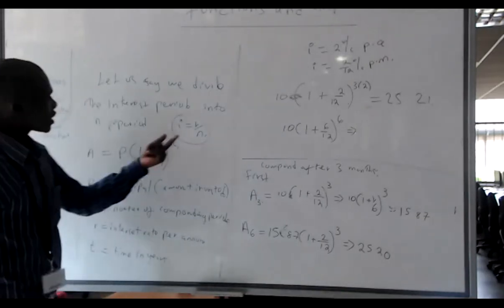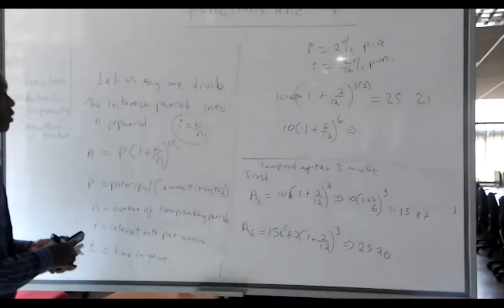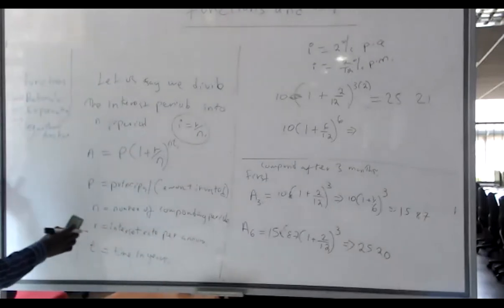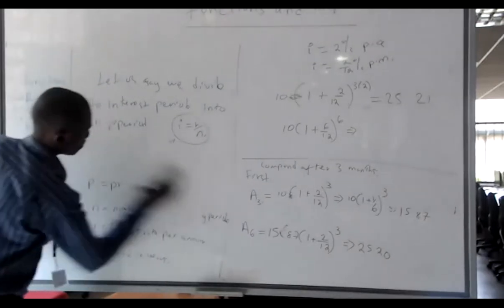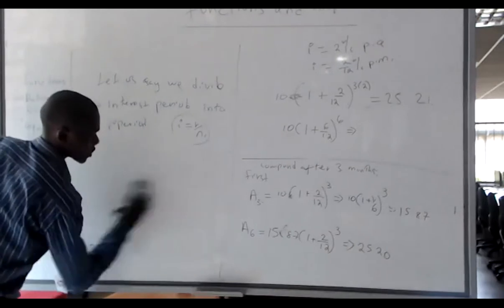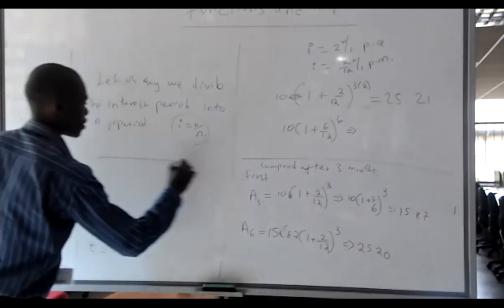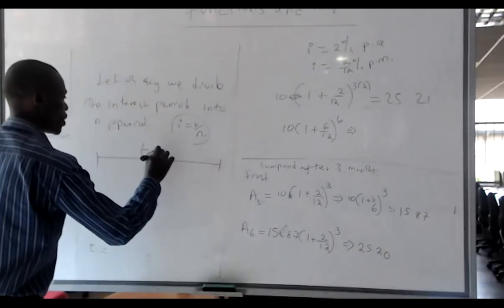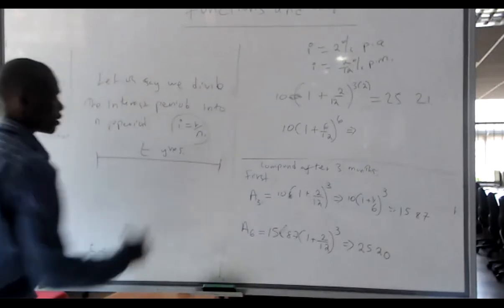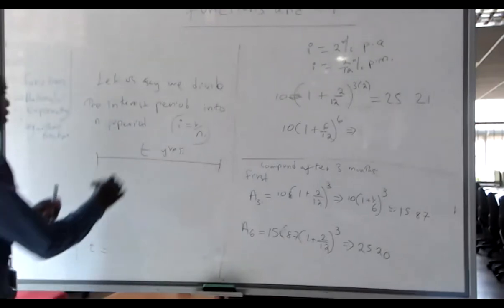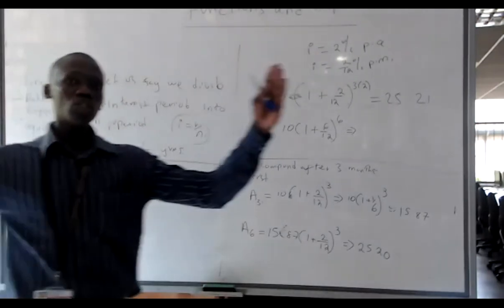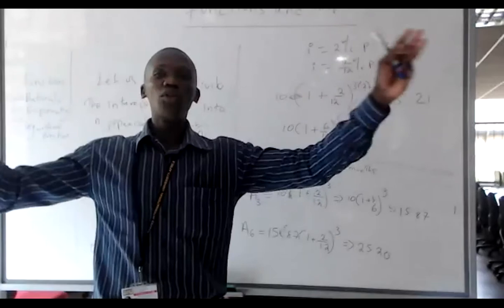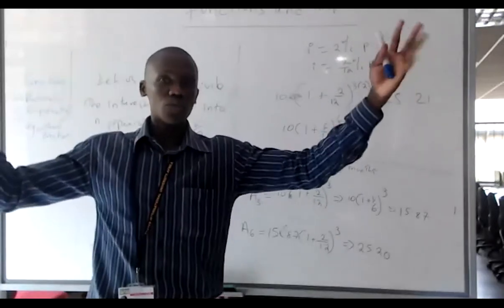So when you are asking for R divided by N, I hope with this example I can now explain. Suppose you have invested money over some period of time. Let's say you've invested your money for T years, but you don't want the compounding to be done only after the whole 3 years. It could be 5 years or 10 years.